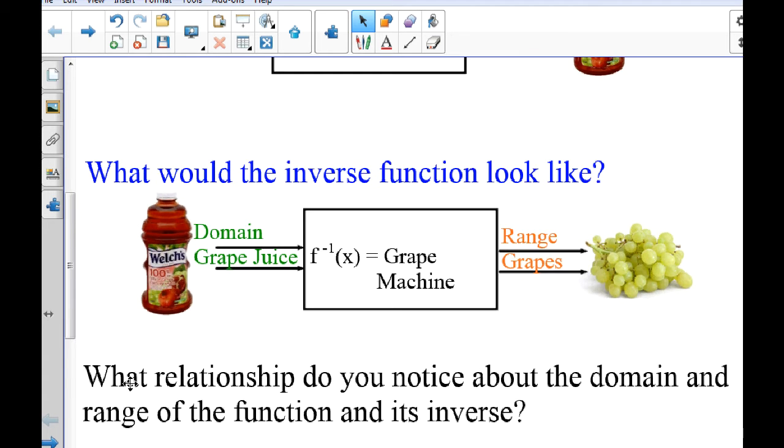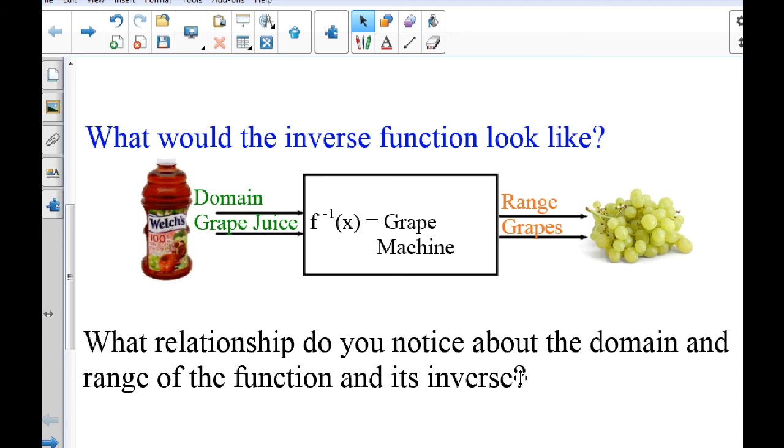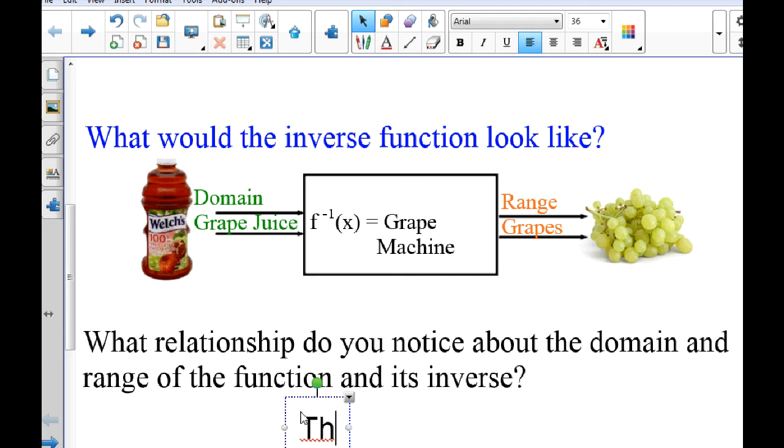So really the relationship that you should notice about the domain and range is that they trade places. The domain of the original function becomes the range of the inverse. The range of the original function becomes the domain. So simply, they swap places.